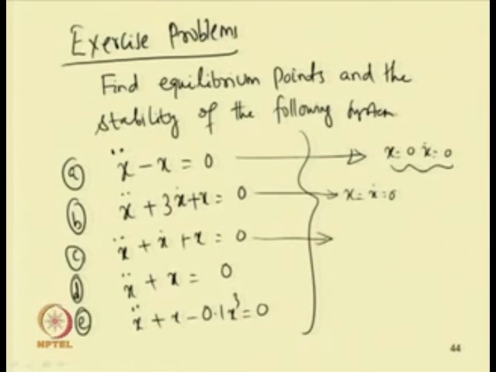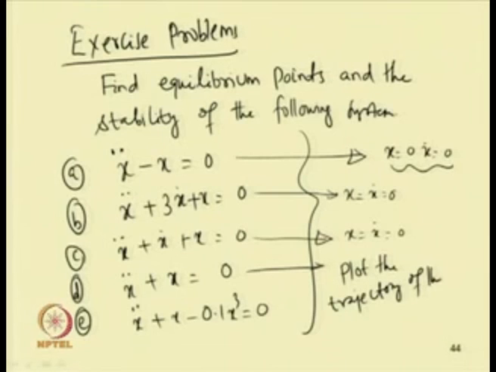In another case you can have a stable focus at x equal to x dot equal to 0, and in another case you can have a center. You can plot the trajectory, find the equilibrium points, study the stability, and also plot the trajectory of the system.